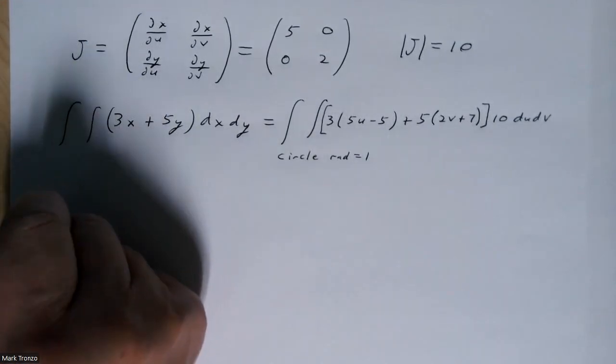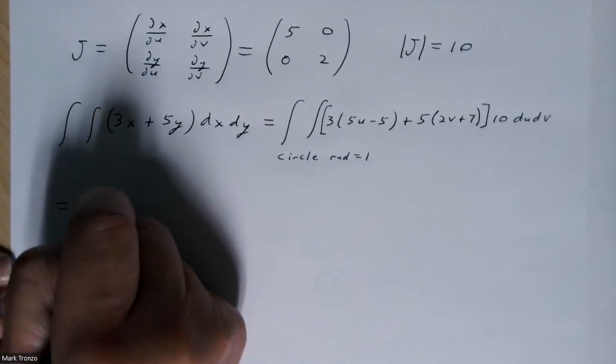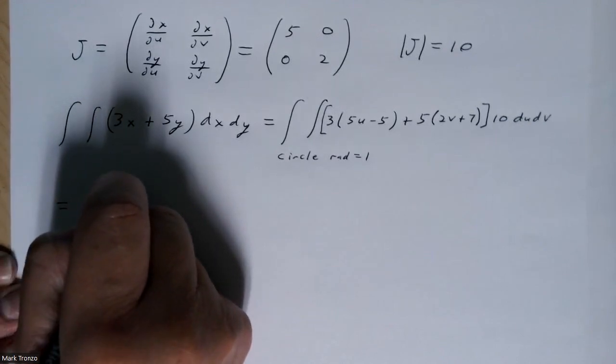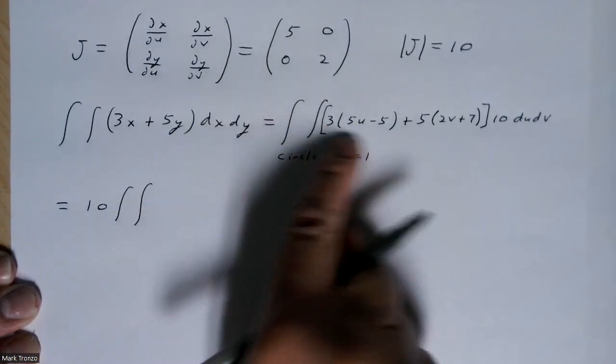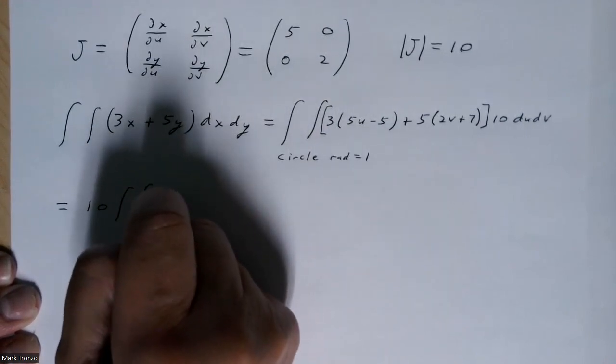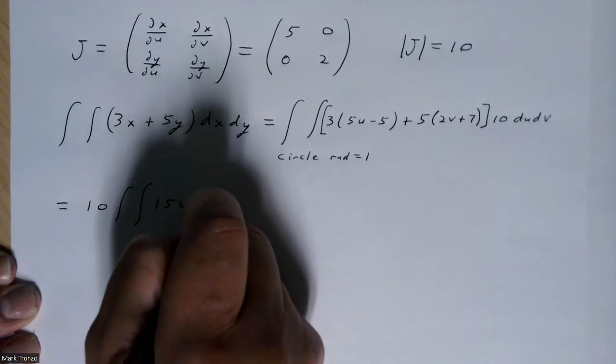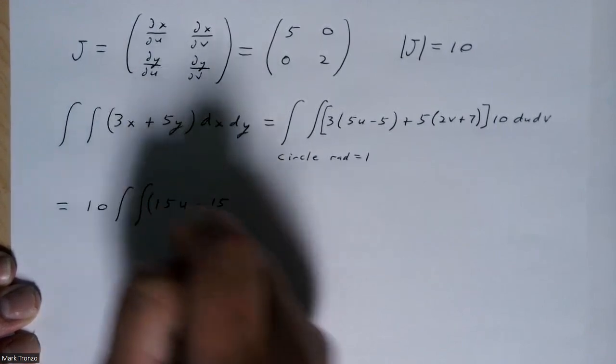And let's simplify this. We're going to pull the 10 out front. And then here, this is going to be 15u minus 15.